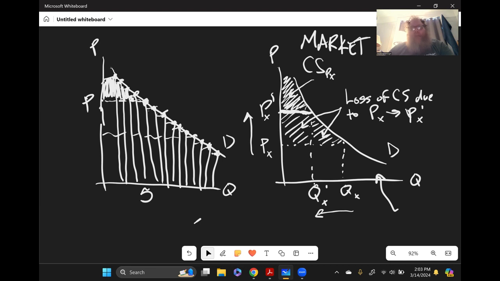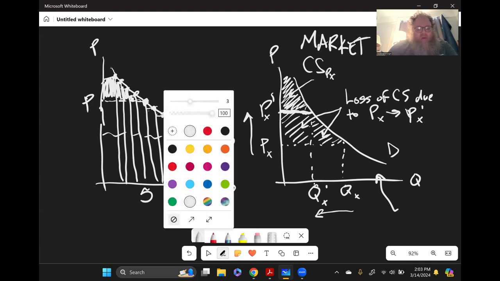And so what's happened here is that the price of the good rises from PX to PX prime. The amount of the good being consumed falls from QX to QX prime. But in addition to that, there's a loss of consumer surplus. In particular, the original consumer surplus, which I will highlight now with green.